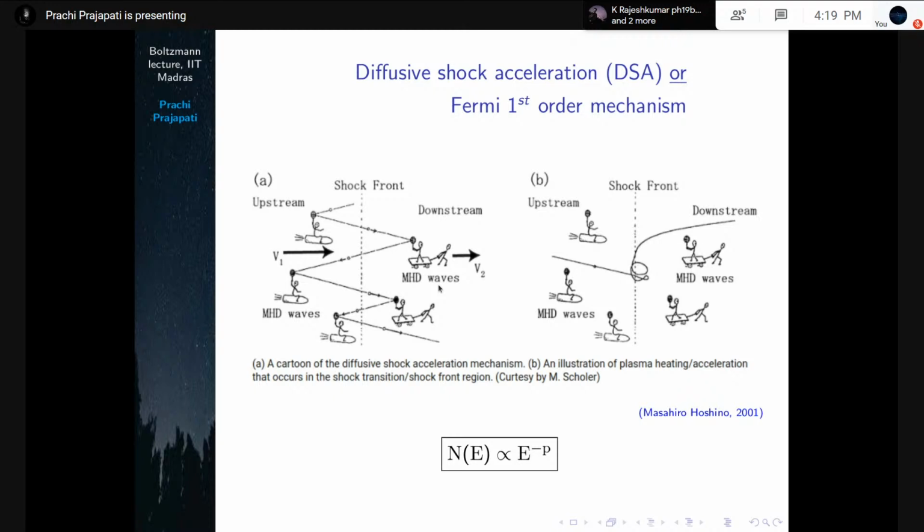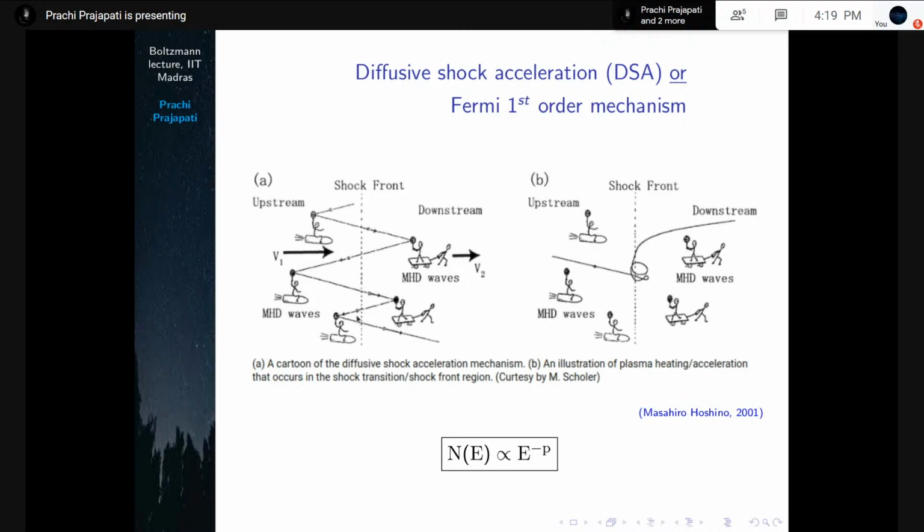Theoretically, if you calculate everything, the change in energy of the particle goes as the velocity to the power 1, where velocity is the velocity of the shock front. That is why it's called the Fermi first order mechanism.